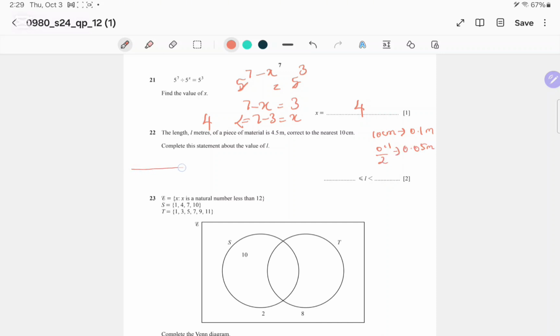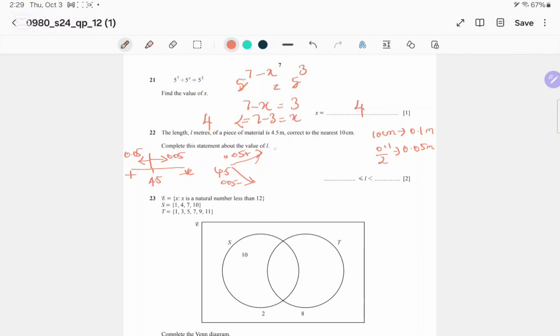Now this is the scale I am using. Here it is 4.5. This side it is 0.05 and this side it is 0.05. One will become positive and the other side will become negative. Upper limit and lower limit. Okay, this side and this side, it's 0.05 plus and 0.05 minus.